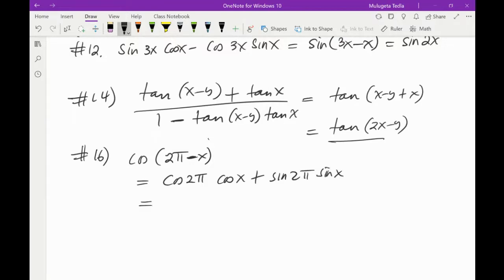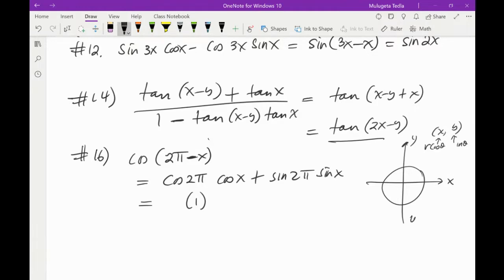So cos of 2 pi is 1. You can use a calculator, but I tell you this, I use the unit circle. I never use my calculator. In the unit circle, the x and y are cosine theta and sine theta, because normally they are r cos theta and r sine theta, but r is 1.